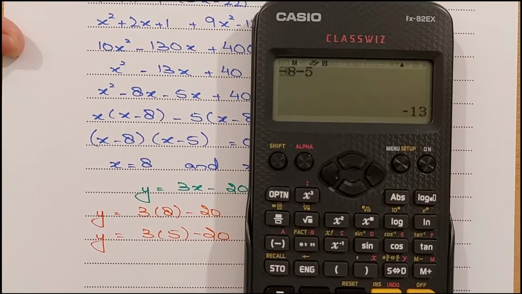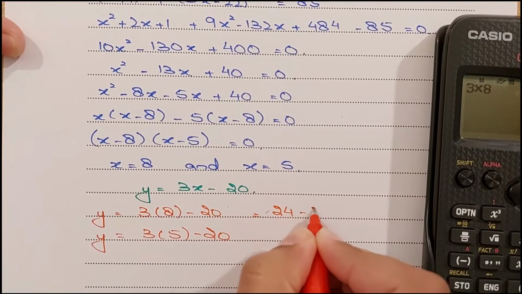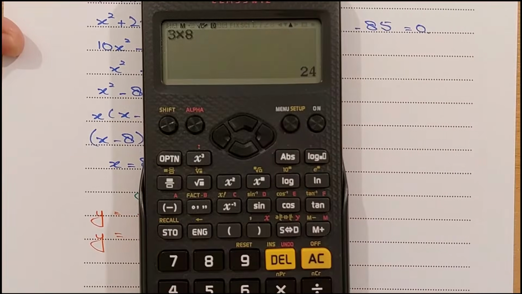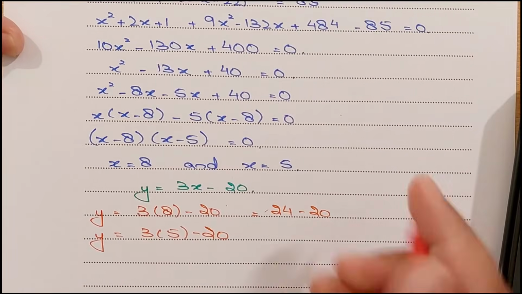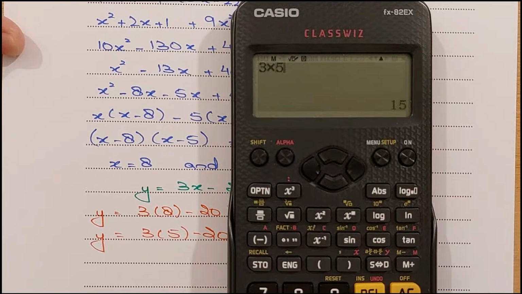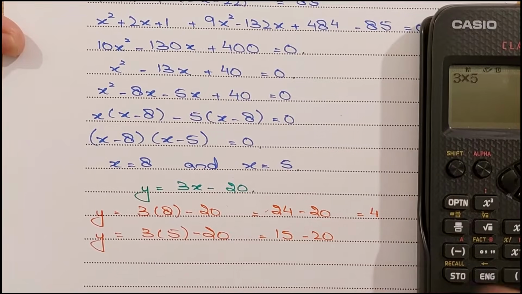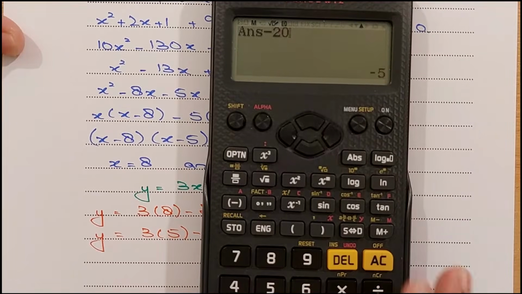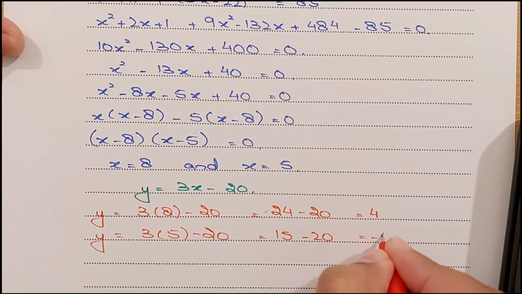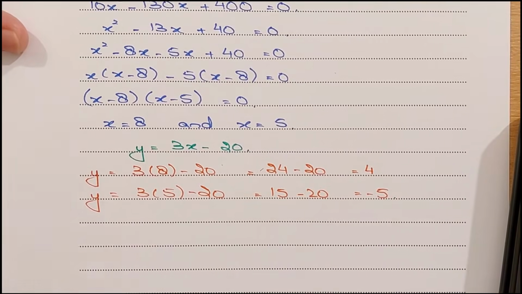Okay, so 3 times of 8 is 24 minus 20. Minus 20 is just 4. Okay, now 3 times 5 is 15. Subtract 20, this is minus 5. Yes, negative 5. Right.